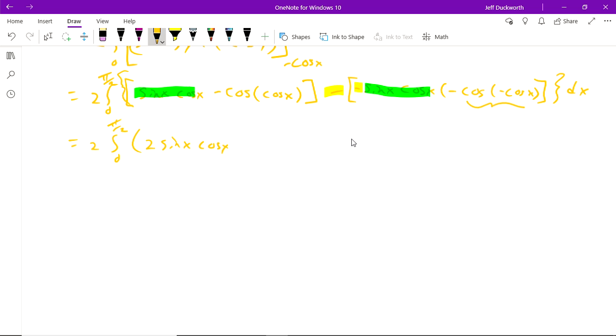So this is going to be minus cosine of cosine x, and then plus cosine of cosine x. So it did clean up. This goes to 0.